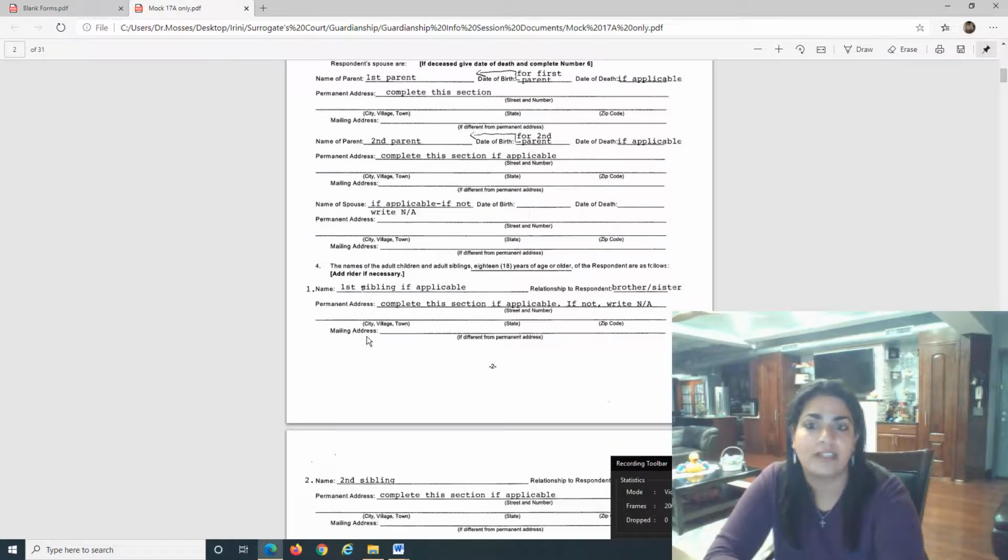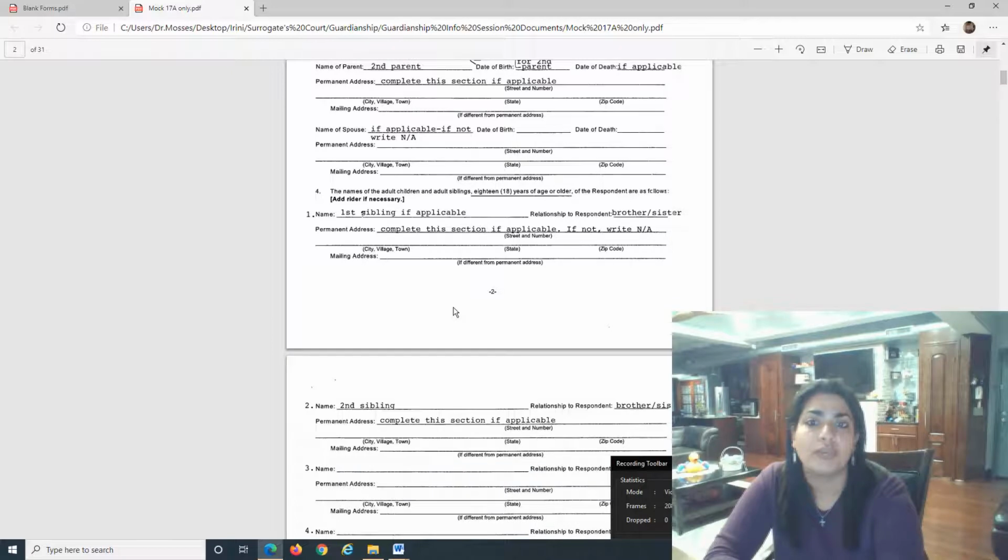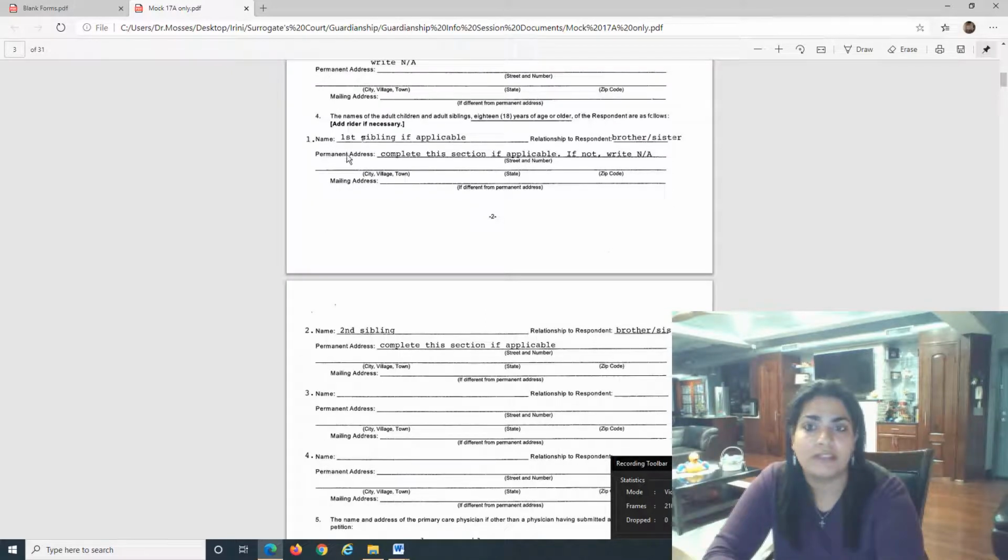Okay, next section. The names of the adult children and adult siblings 18 age or older are as follows. So here we need to know about all the siblings of the potential ward, the respondent. All the siblings' information would go here. They would have to complete waivers and consents. You're going to see that a little bit later on.